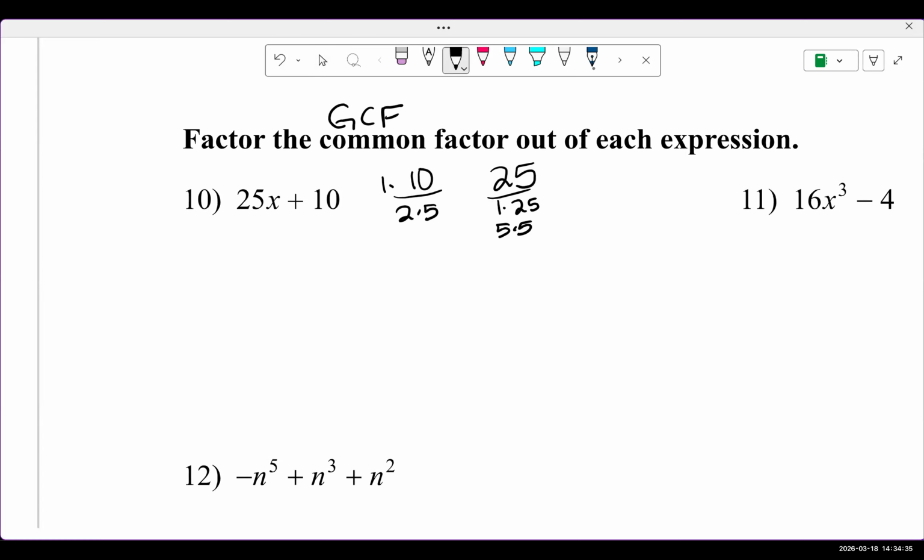So the greatest common factor is 5. It's the minimum that they both have. Okay, and they both don't have an x. So 5 goes outside. Now, 25 divided by 5 is 5x. 10 divided by 5 is 2.